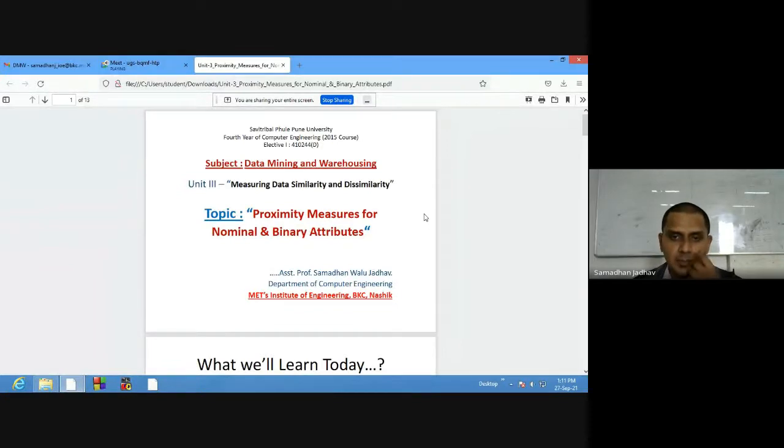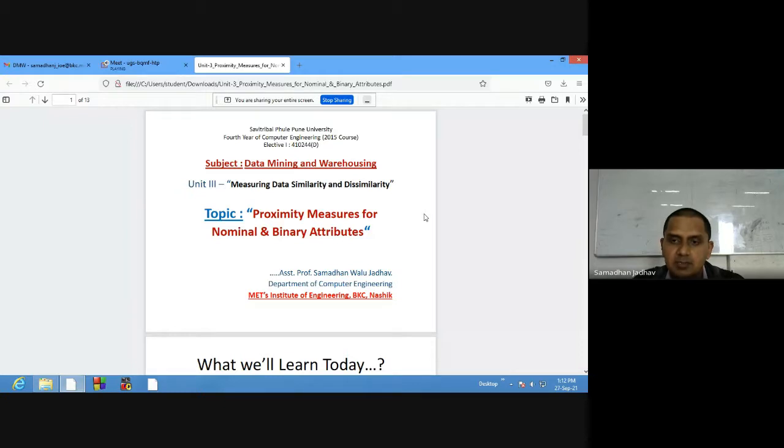Here we are going to check whether two objects are similar, how much they are similar, or how much they are dissimilar. Objects can be known for their similarity or dissimilarity depending upon the attribute values. What are the attribute values?